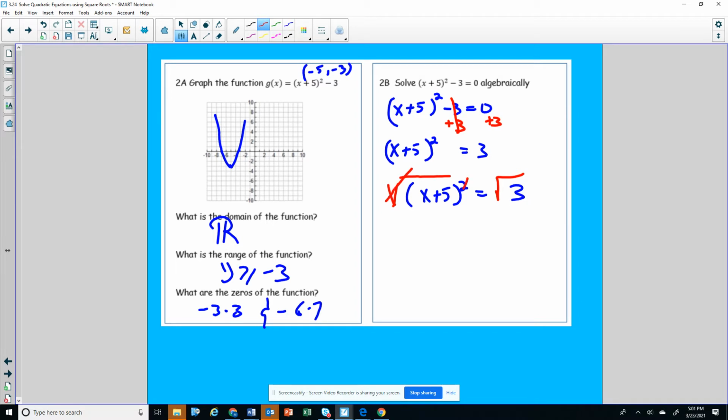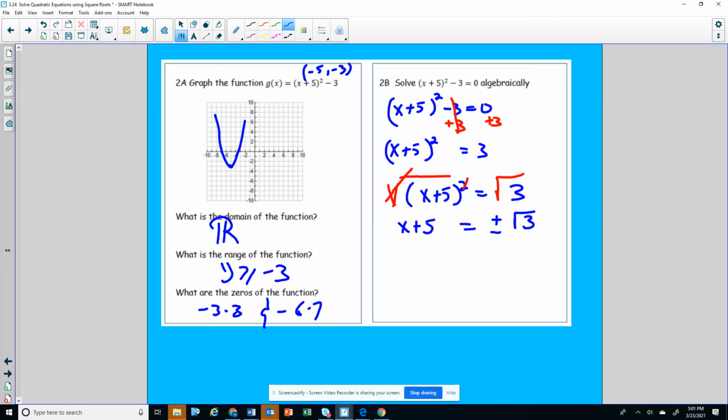So all I'm left with is just x plus 5 on the left side, and that is equal to the square root of 3. But we know that when we take the square root of a positive number, I'm getting 2 answers: a positive number and a negative number. So I'm going to get a positive and a negative square root of 3, whatever that number is.